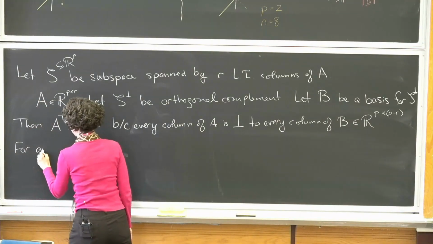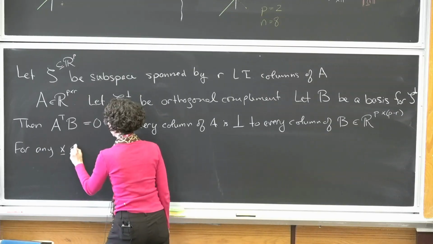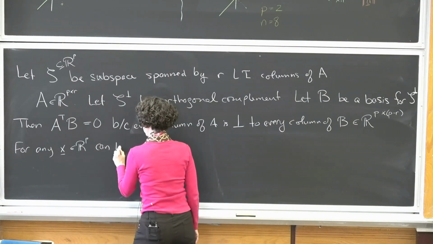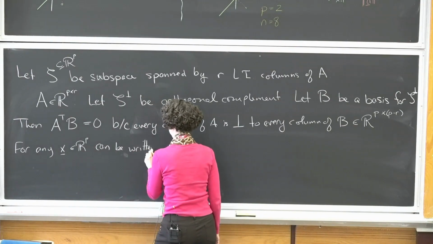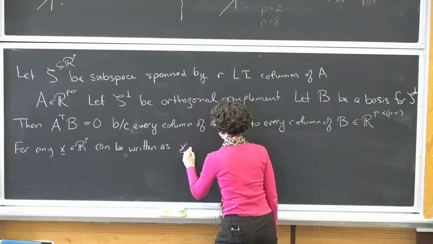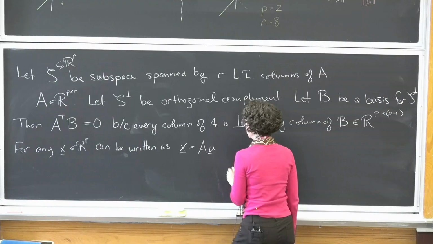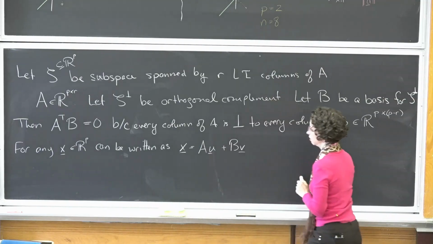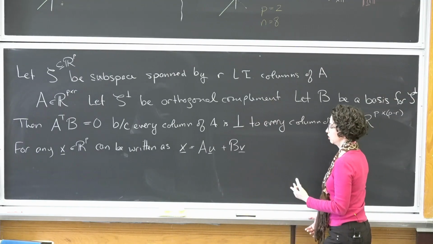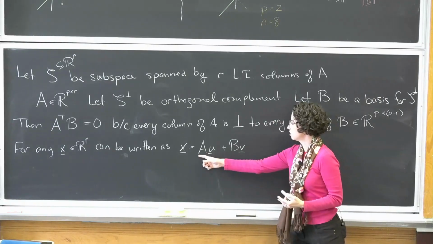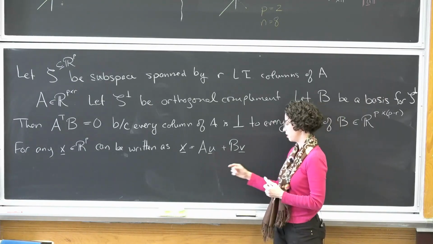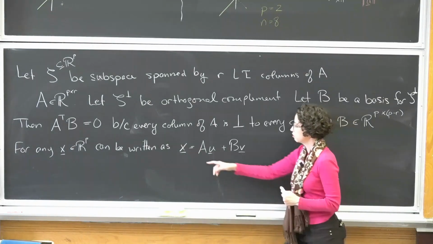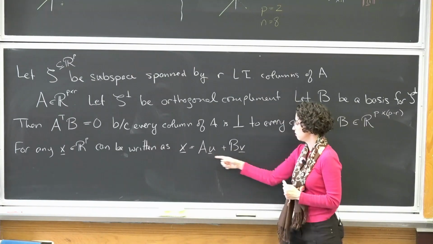If I were to take any point X that's in this p-dimensional space, I can write it as a sum of the part that is in the subspace S and the part that is in the orthogonal complement B. So if I know what these basis matrices A and B are, or really if I just know A, from there I can figure out a B. And then there's always going to be weight vectors, U and V, so that I can write any point at all X as a weighted sum of these components.